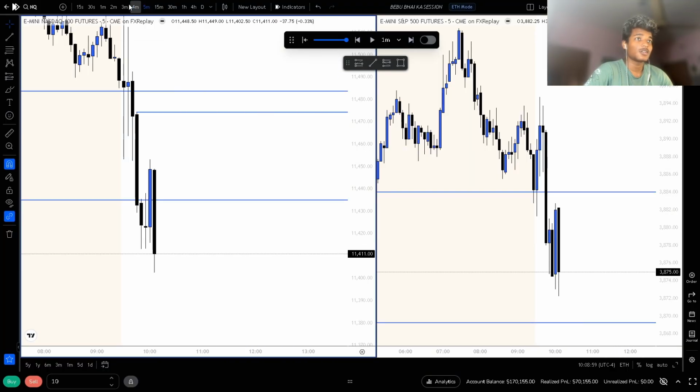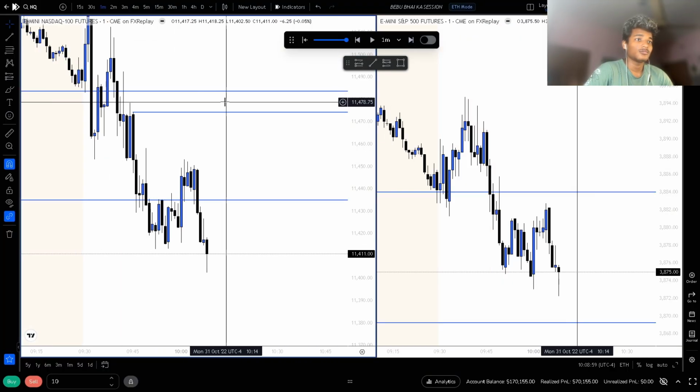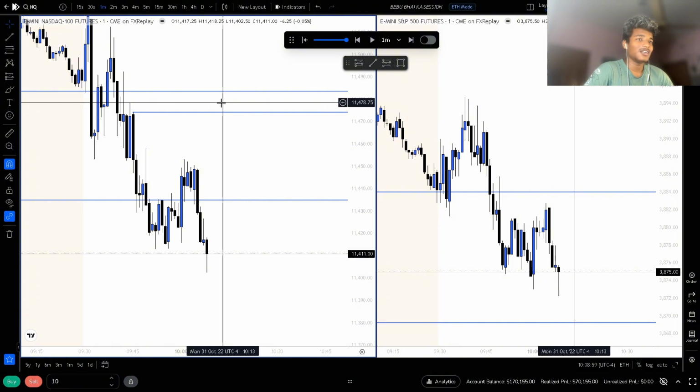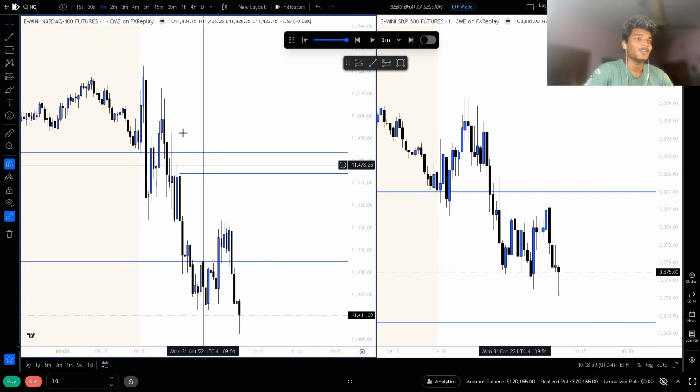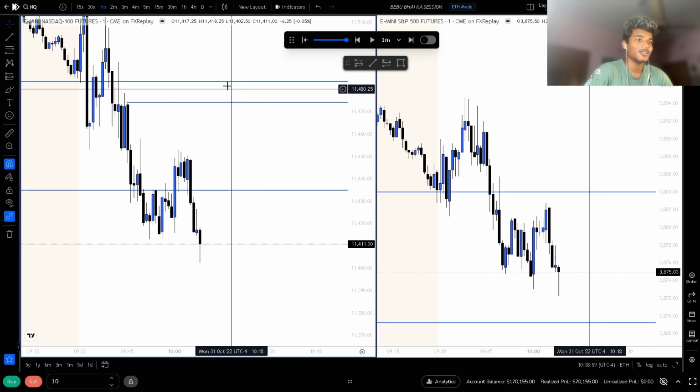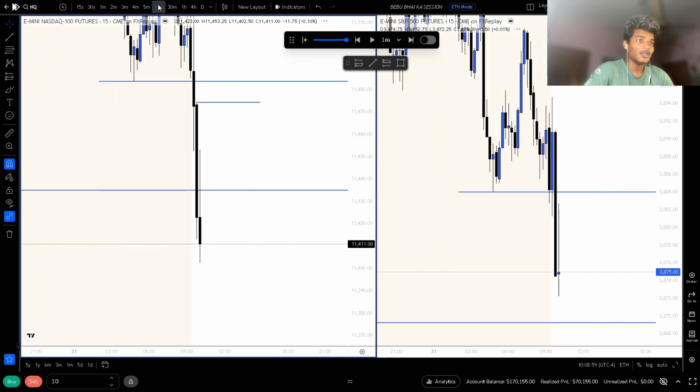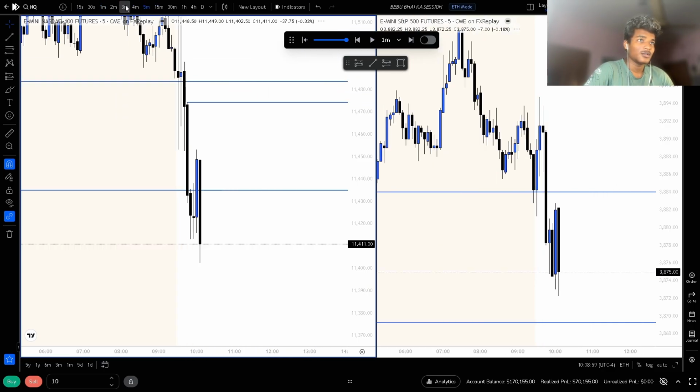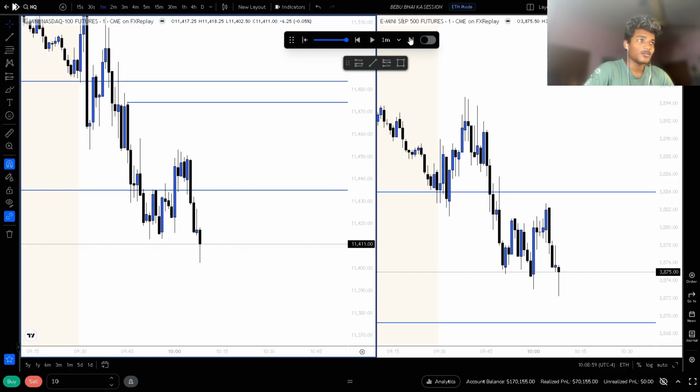So here is a short setup, but I didn't actually like that because we have all this low resistance above us as well. So I want a long now.